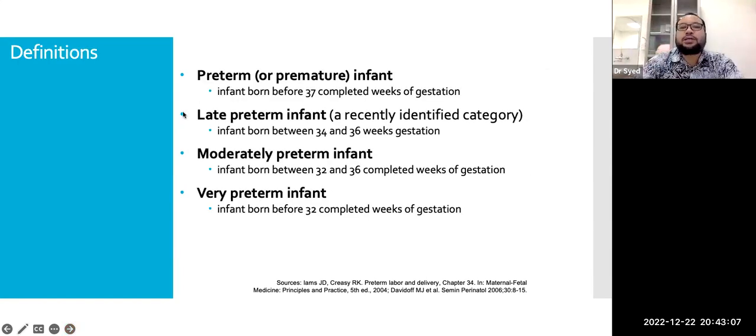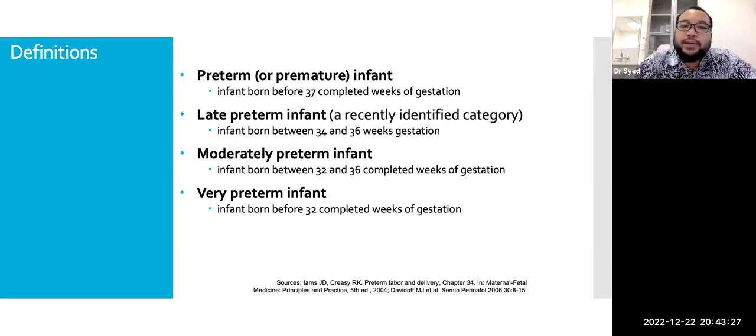So, some important definitions. As I mentioned before, premature infants are infants born before 37 completed weeks. Maknanya, until 36 plus 6 is considered as premature. 37 weeks and onwards are considered term infants.